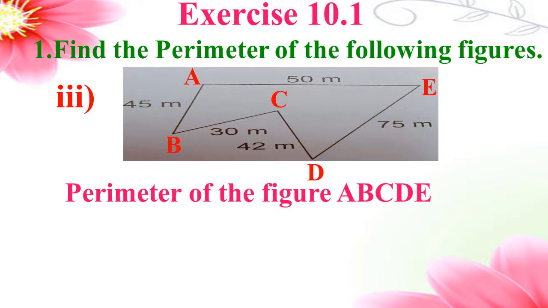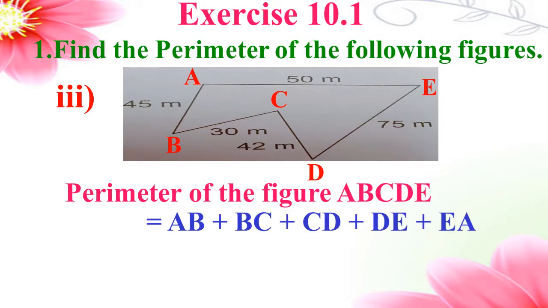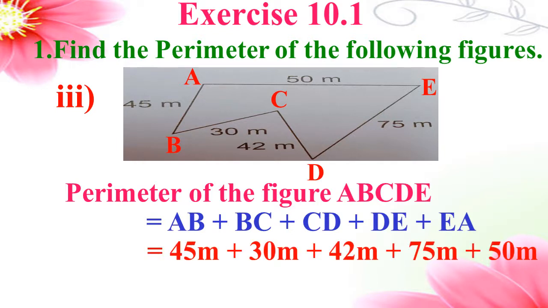So perimeter of the figure ABCDE equal to AB plus BC plus CD plus DE plus EA. So that is 45 meter plus 30 meter plus 42 meter plus 75 meter plus 50 meter equal to 242 meter.